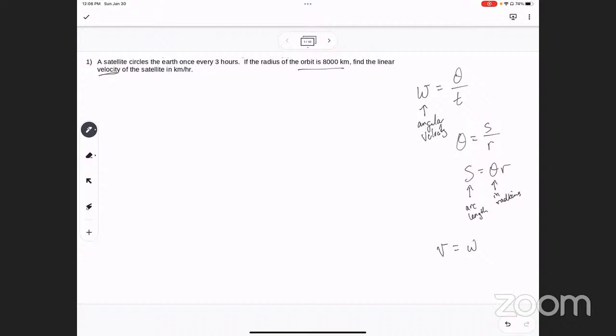Okay, yeah. So V equals RW is what I was looking for, but you don't use that. But since W is theta over T, see how we got all these different formulas here? You can kind of combine them all together. So V equals S over T is another one.